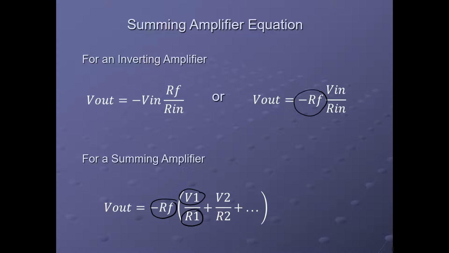We're going to call them V1, R1, V2, R2, and so on. But actually, this equation at the bottom, the summing amplifier equation, is just the inverting amplifier equation, extended a little bit. That's the point of this slide. That's what I was trying to show.